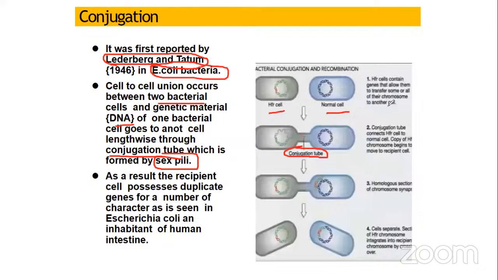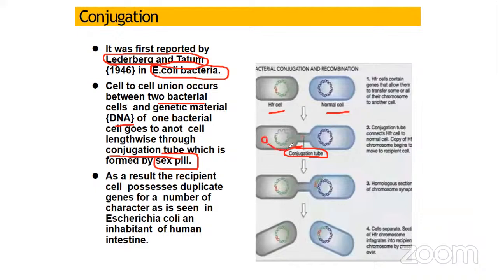So for the first step, the HFR cell contains genes that allow them to transfer some or all of the chromosomes to another cell. In the HFR cell, plasmid replication takes place.